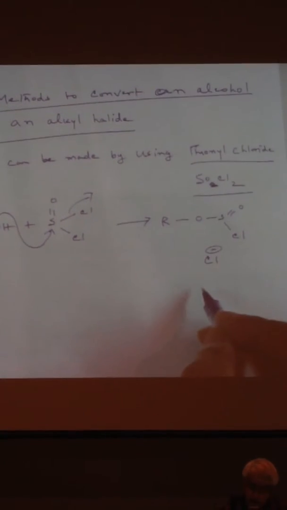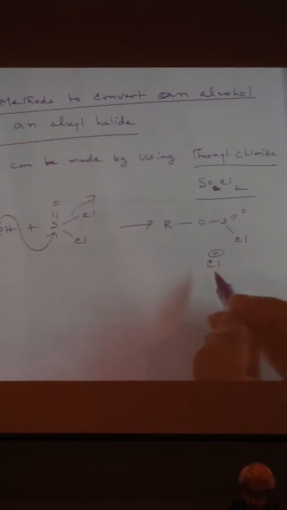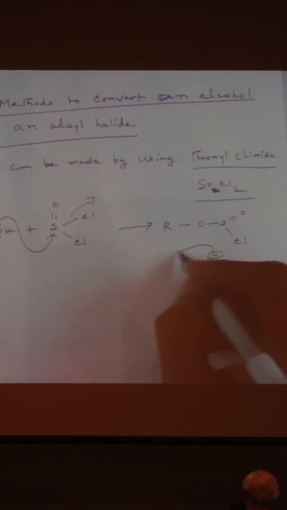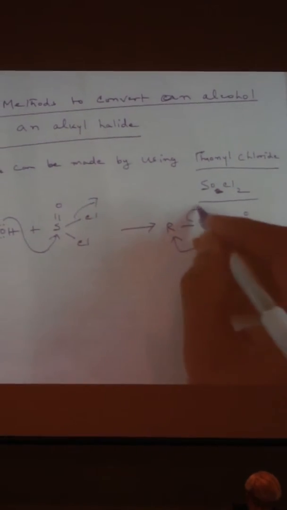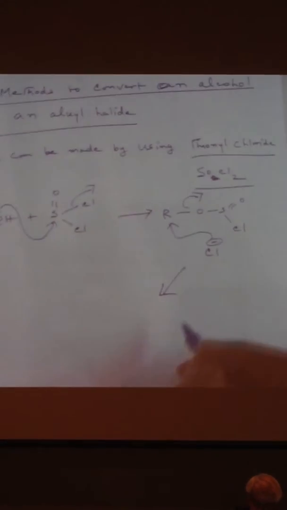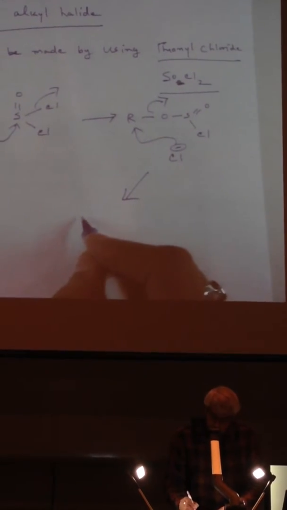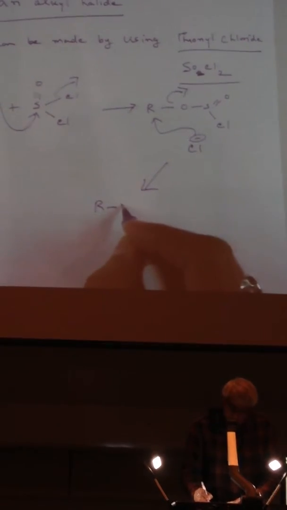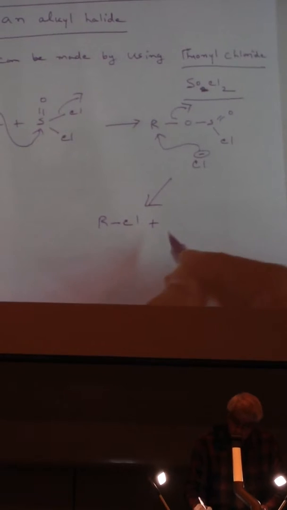So once this is formed, the chloride can attack the R group directly and displace this, generating RCl.